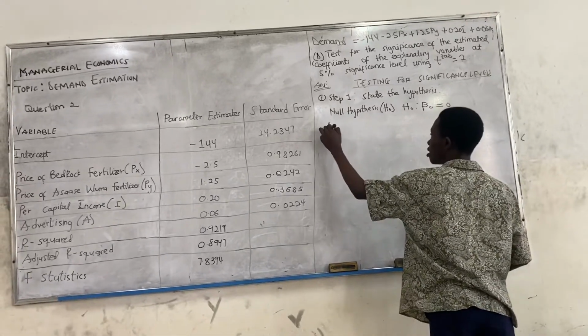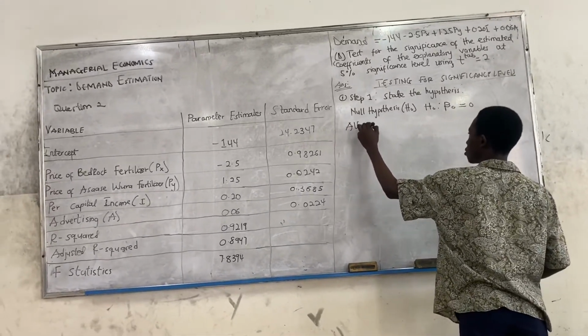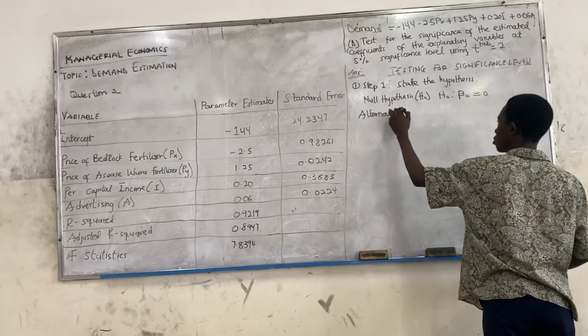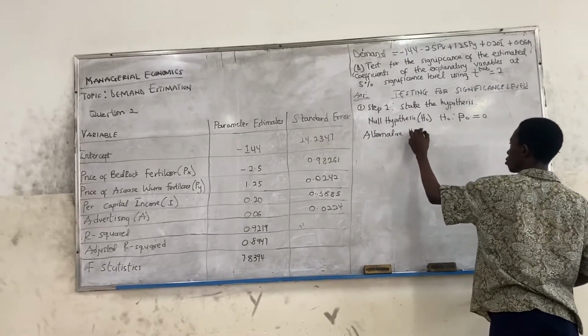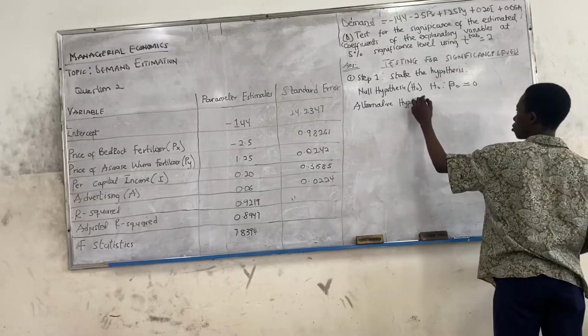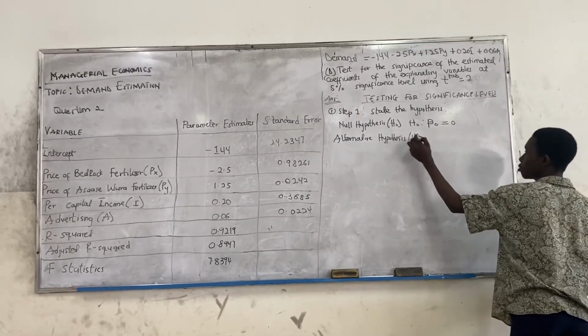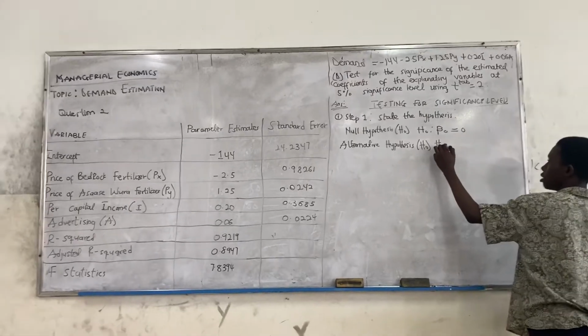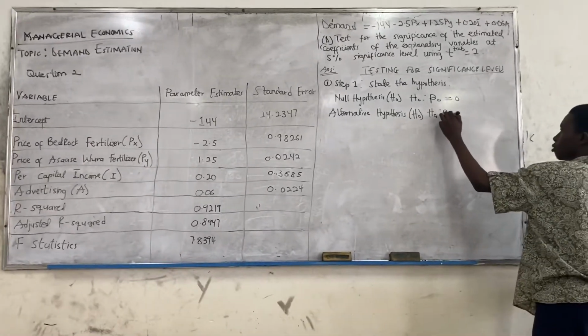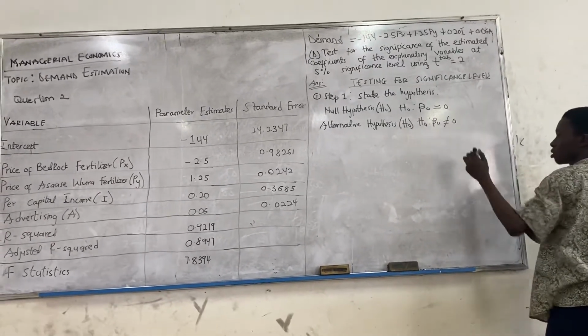You have the alternative hypothesis, which is H1, where beta is not equal to 0.